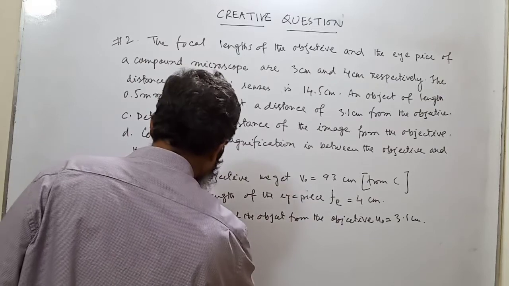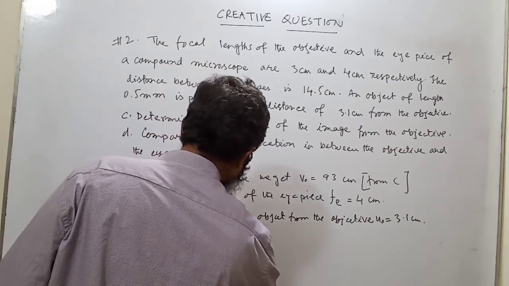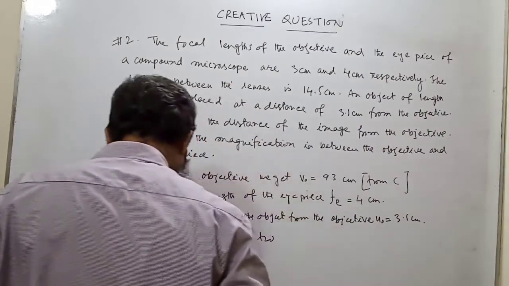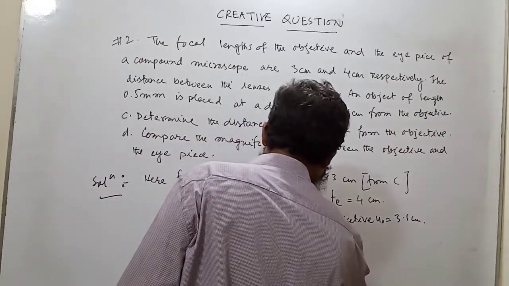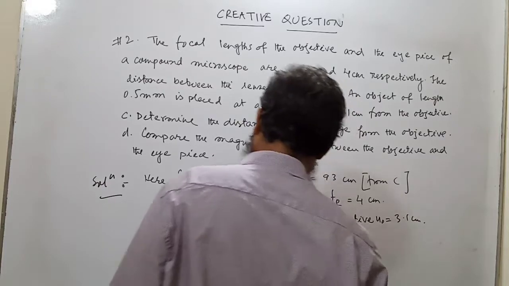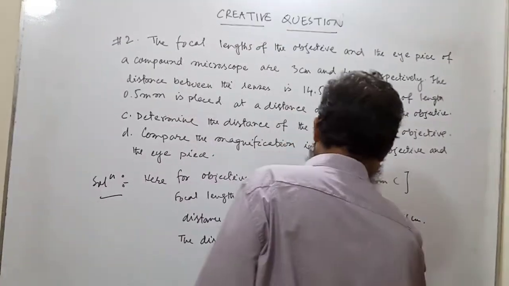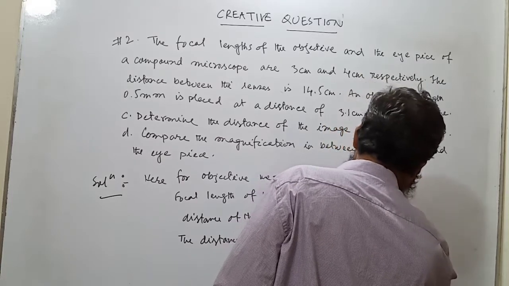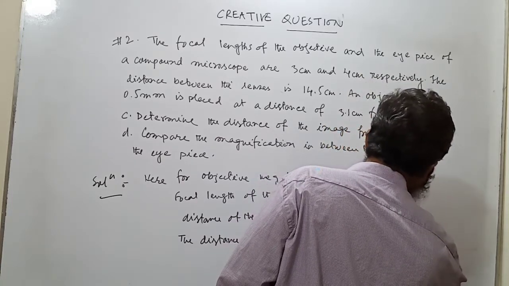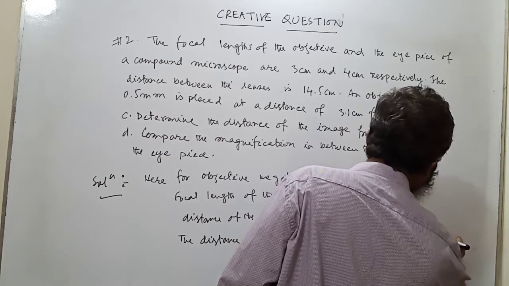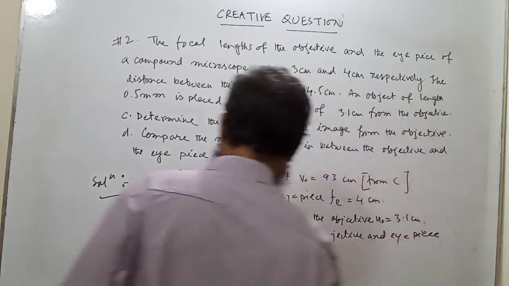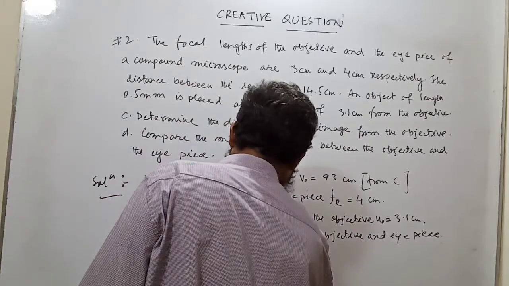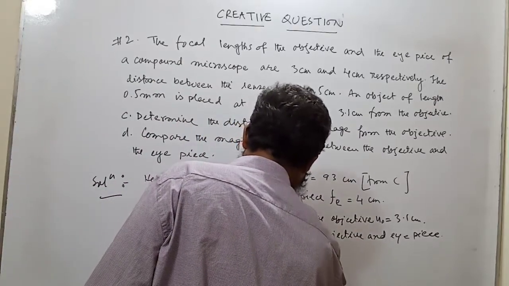The distance between the objective and eyepiece, that is L, is equal to 14.5 centimeter.